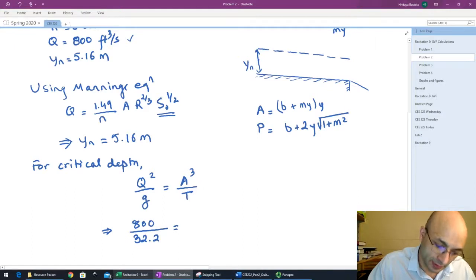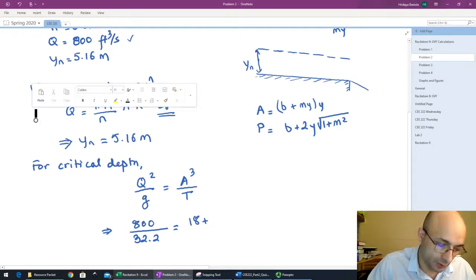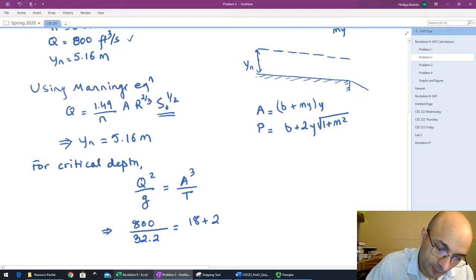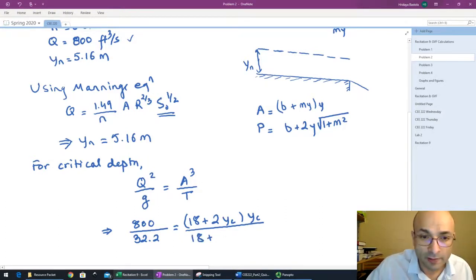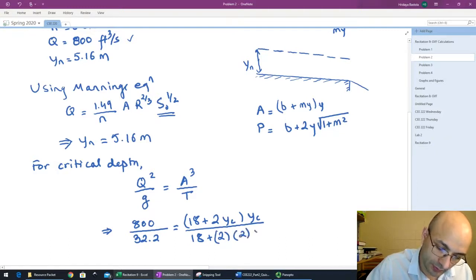Our B value here is 18 feet, so 18 plus m, which is 2, y critical times y critical, divided by the top width, and that was B plus 2my, so 18 plus 2 times y critical.